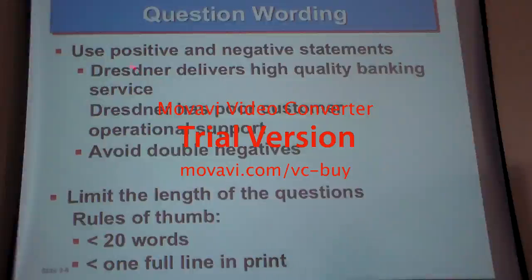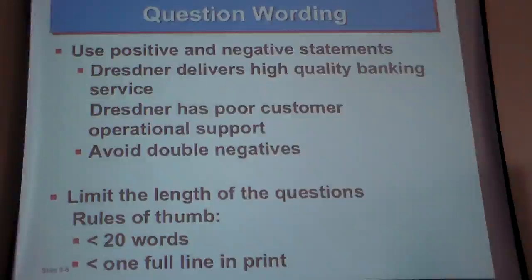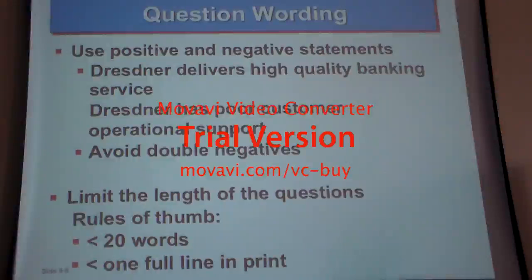Here are some examples. This sender delivered high quality banking service. This sender has poor customer operational support. Okay? So this one is positive and this one is negative. So use a mix of them. Avoid double negatives.